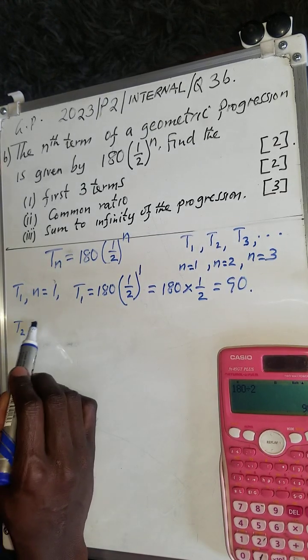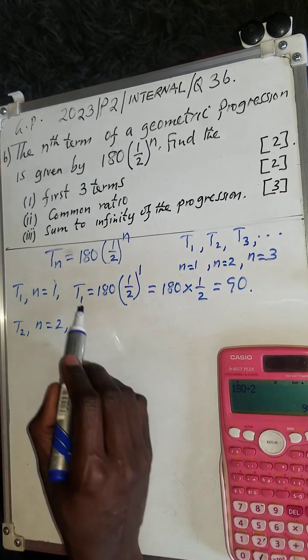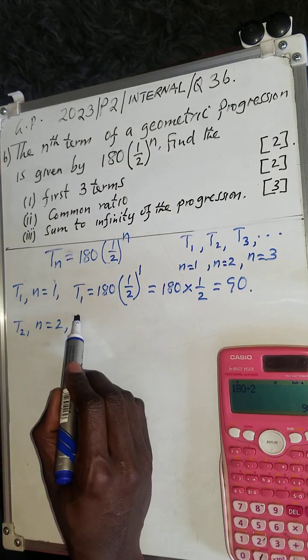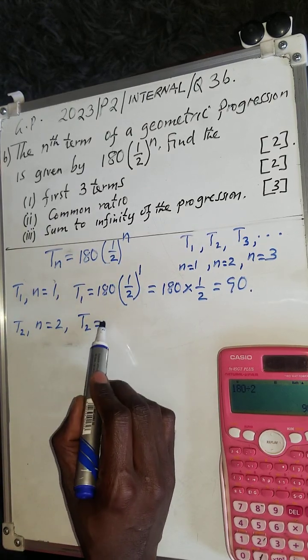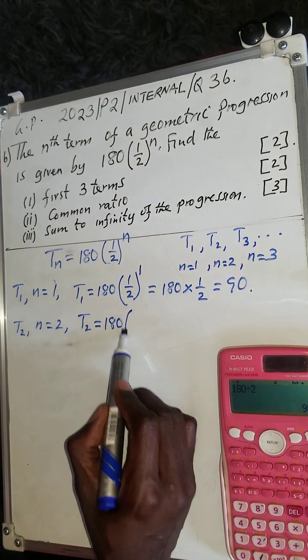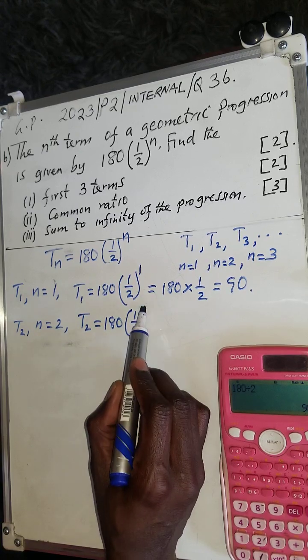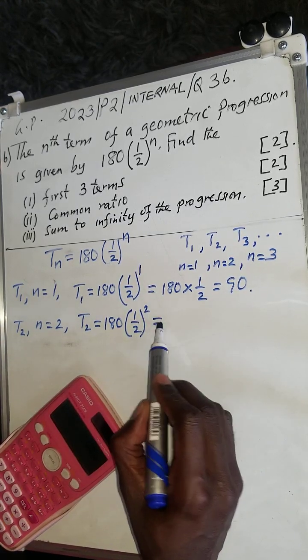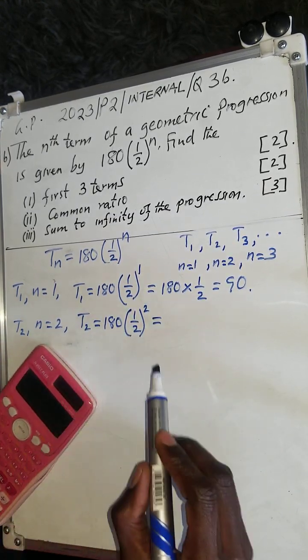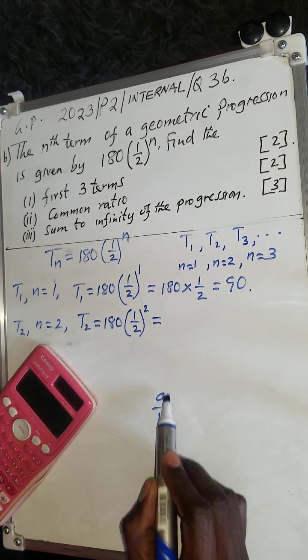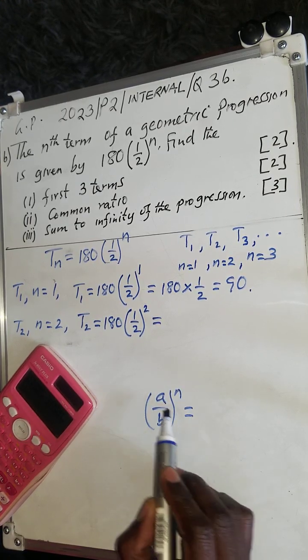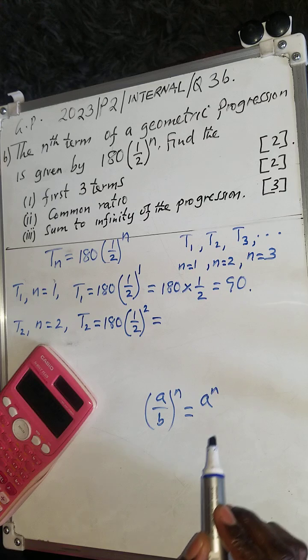You can find the second term. Remember T2 is when your n is equal to 2, so you replace your n in that formula. T2 will be 180 times 1 over 2 raised to the power 2. If you remember the laws of indices, a over b raised to the power n can be written as a raised to the power n over b raised to the power n.